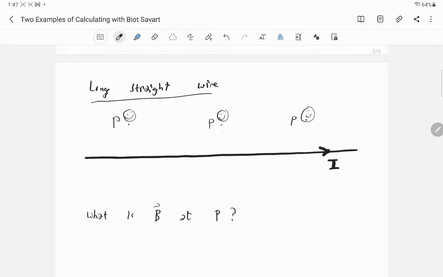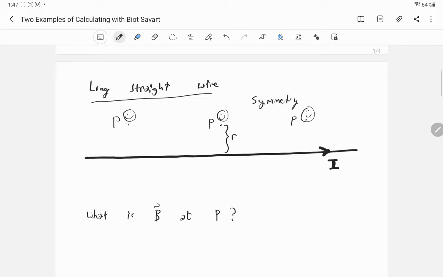As long as I am the same distance, I'll say I'm the distance r away from the wire on the top side. Each of these people sees the same wire, even though they're at different locations, they're the same distance from the closest place on the wire, right? And this is an argument by symmetry, that none of these people here can see a different value of magnetism where they are standing at their position, right?